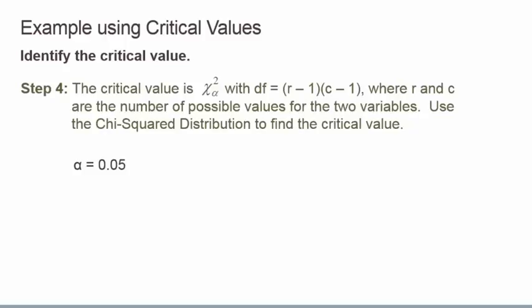Identify the critical value. Step 4. The critical value is chi-squared sub alpha with degrees of freedom equal to r minus 1 times c minus 1, where r and c are the number of possible values for the two variables. Use the chi-squared distribution to find the critical value. We know that alpha is 0.05.